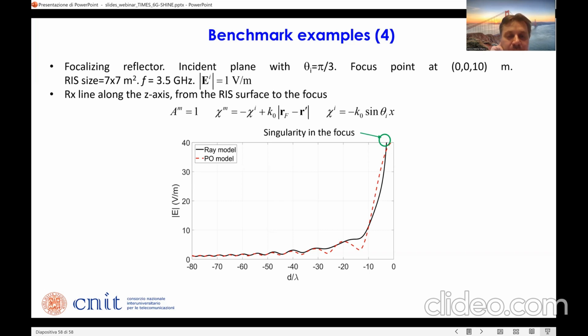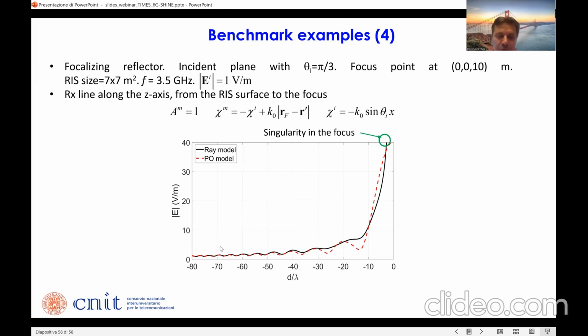Anyway, if we stay at a reasonable distance from the focus, still the prediction of the ray model is quite accurate. Of course, when we approach the focus, we have a singularity, so the field starts diverging. The predicted field by the ray model is not reliable anymore.